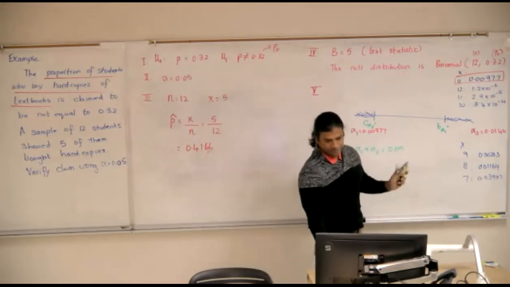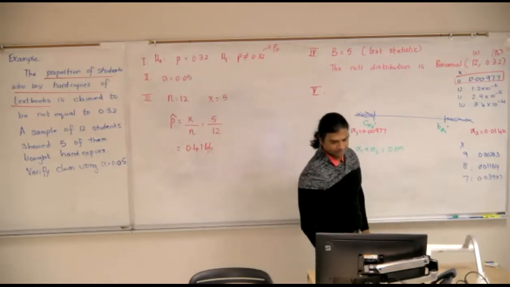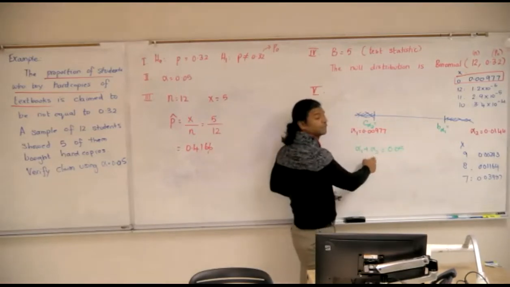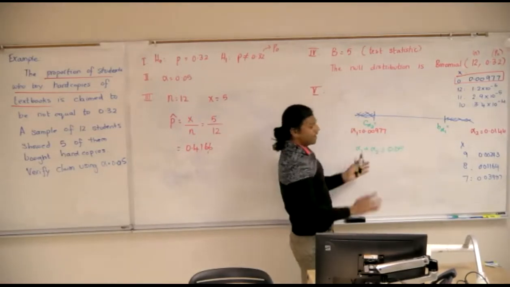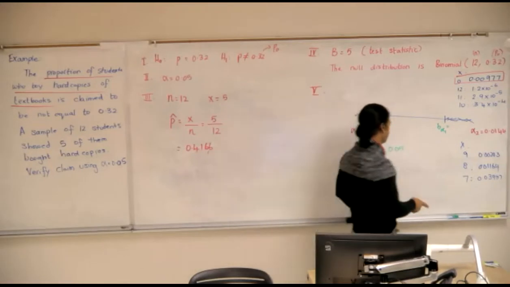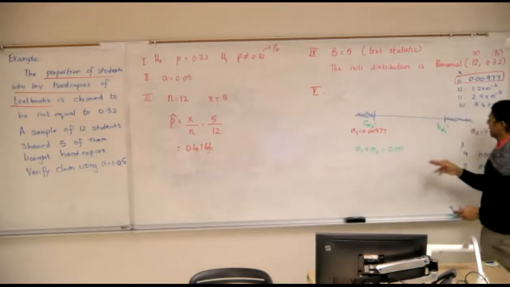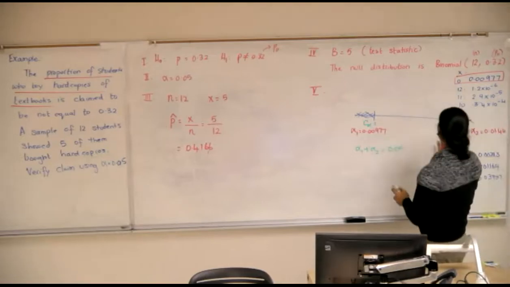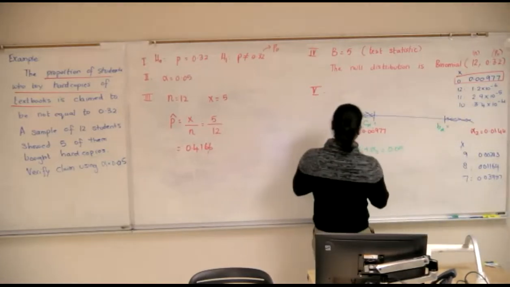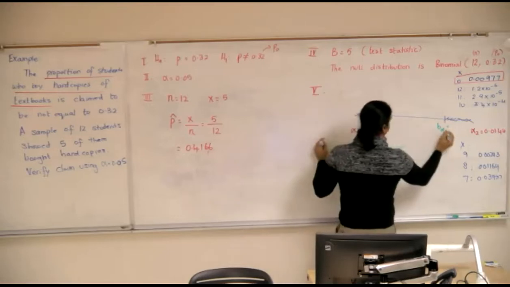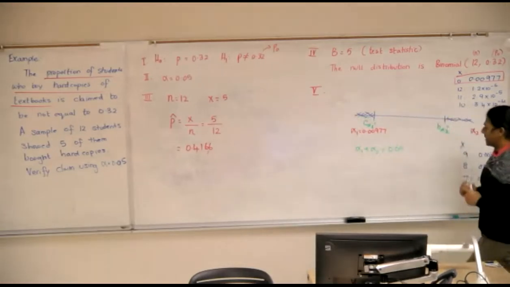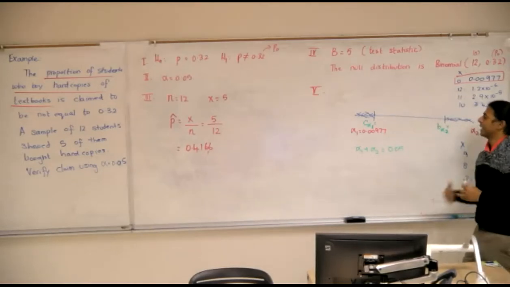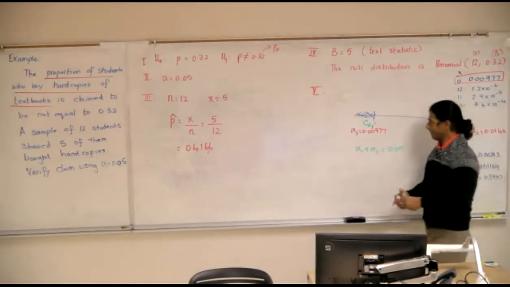If everything was perfect, alpha 1 and alpha 2 would be exactly half, 0.025, 0.025. But what did we achieve?